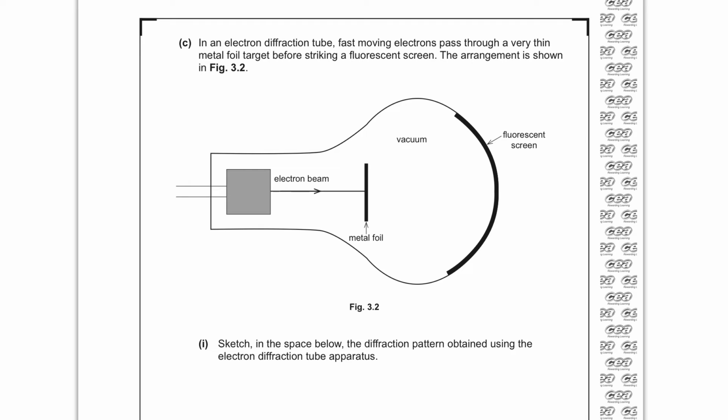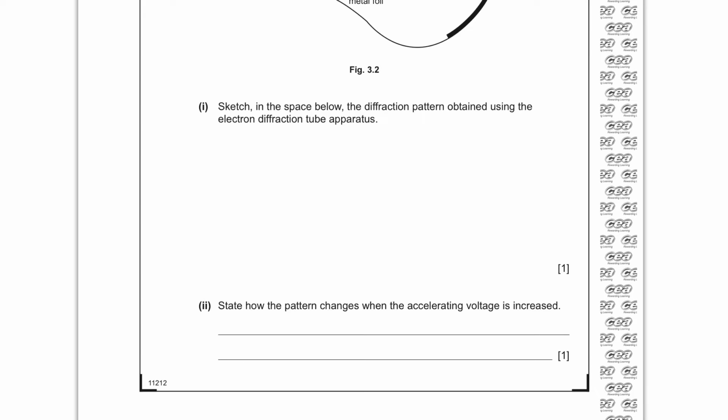Sketch in the space below the diffraction pattern obtained using the electron diffraction tube apparatus. So you should end up with a set of concentric circles in this experiment, as best as you can draw that.